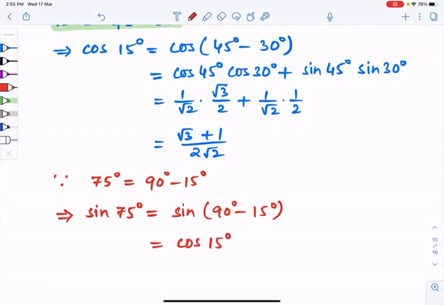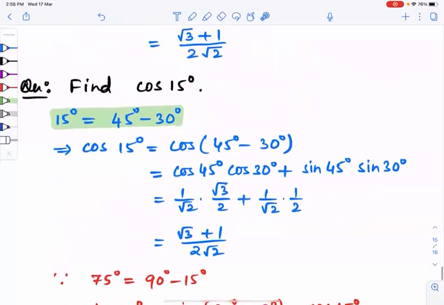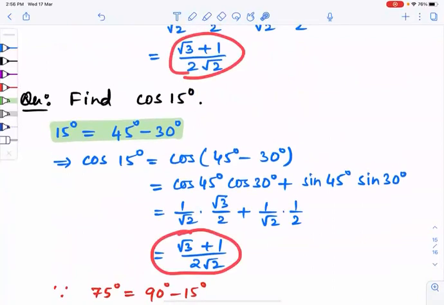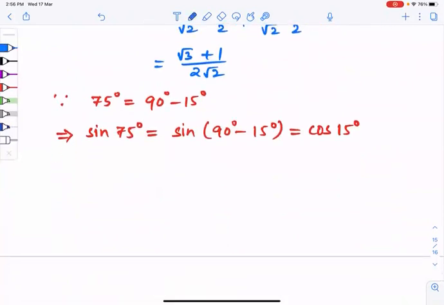So you can see that sine of 75 is nothing but cos of 15. So sine 75 degree and cos 15 degree, they should have the same value, they're equal. And we have already found their values and we have checked they're equal. Okay, so like this you can do. So you have to find all these values like 75 degree and 15 degree, and then you make a list of all the formulas. Okay, let us take another question.